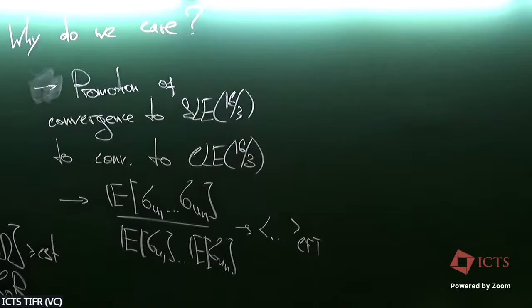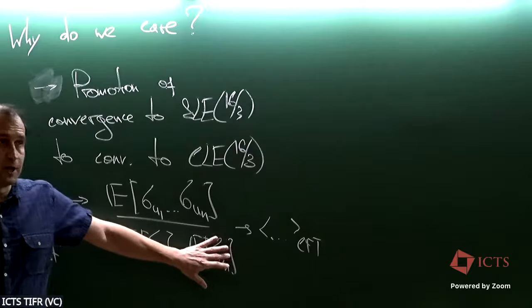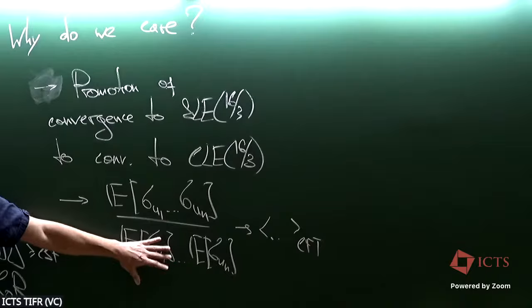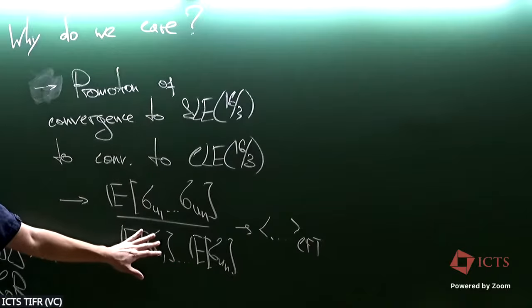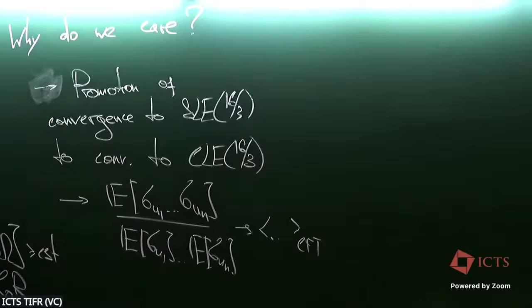Then it's a separate question how you figure out this normalization, but at least up to 1-arm normalization, you have much more.